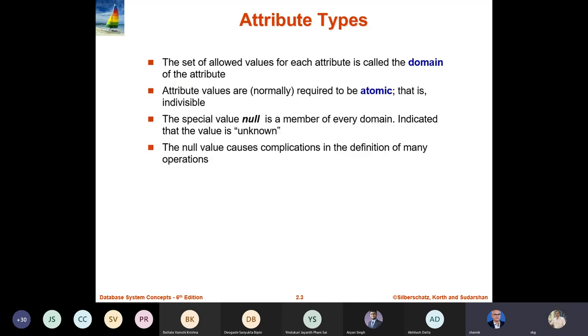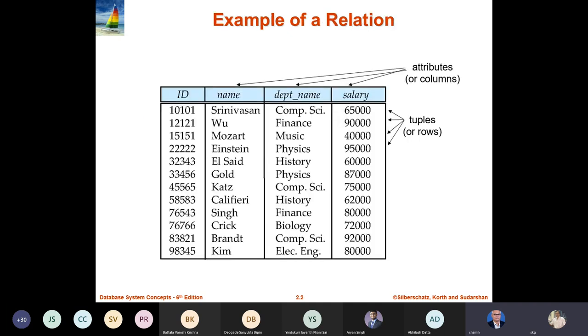So if we see this attribute type, every row or every tuple has a set of attributes, like name, department, salary, things like that. And this ID in this case is an identifier. We'll come to that.